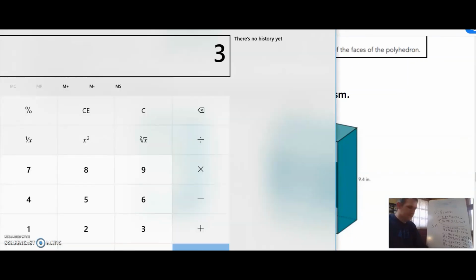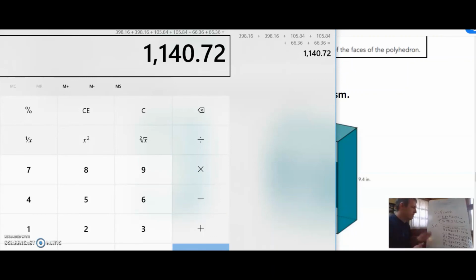You can fast forward this part if you want. 398.16 plus 398.16 plus 105.84 plus 105.84 plus 66.36 plus 66.36 equals a grand total of 1,140.72, and this is centimeters squared because it is surface area, not volume.